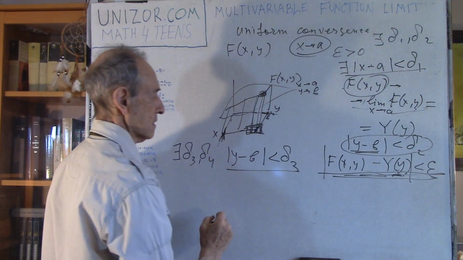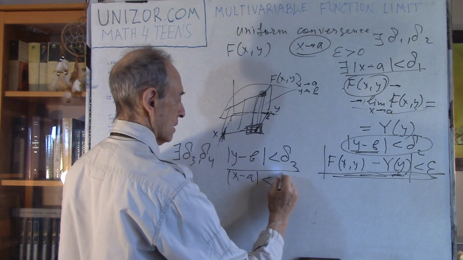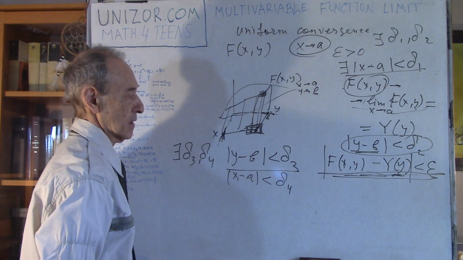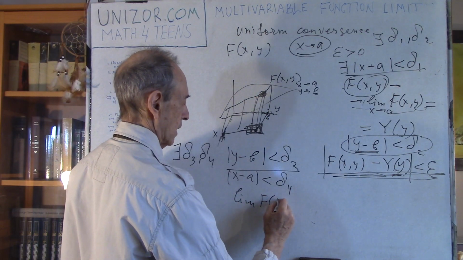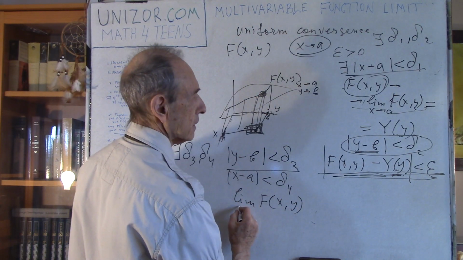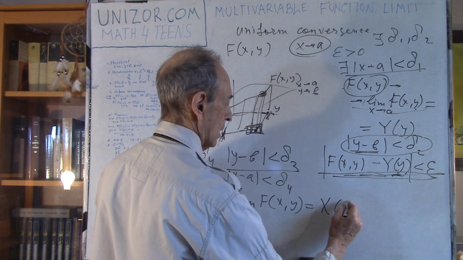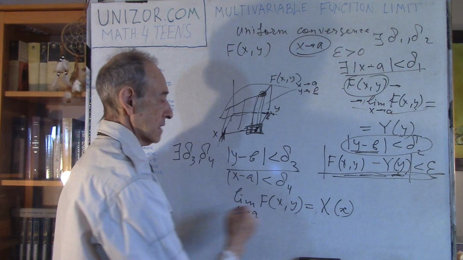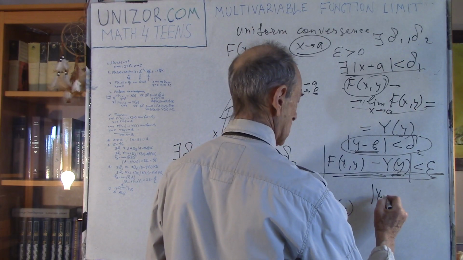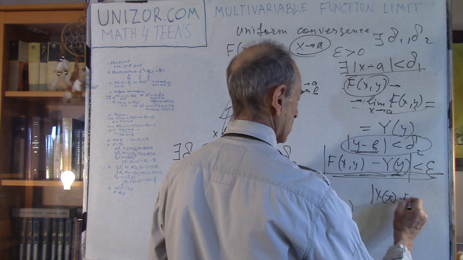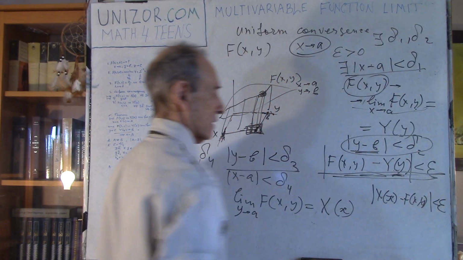If y is in this neighborhood and x is also in this very small neighborhood, then the limit of f of x y as y goes to b is some kind of function of lowercase x, and the difference between them, x of x minus f of x y, would again be less than epsilon.